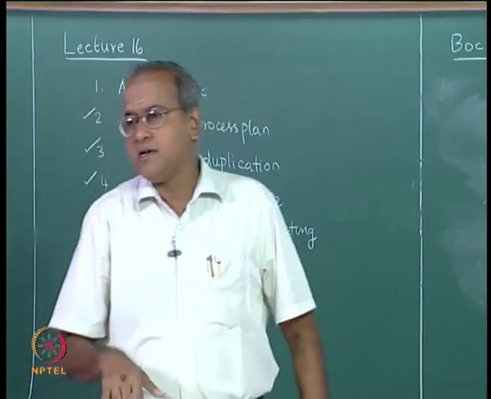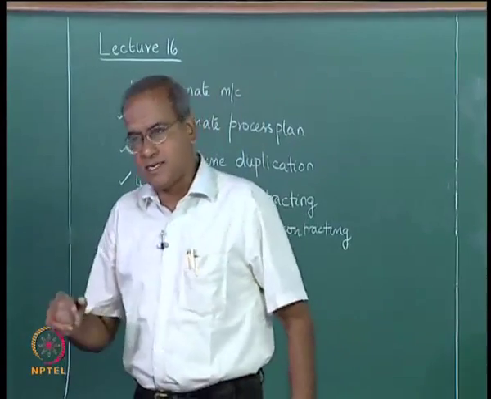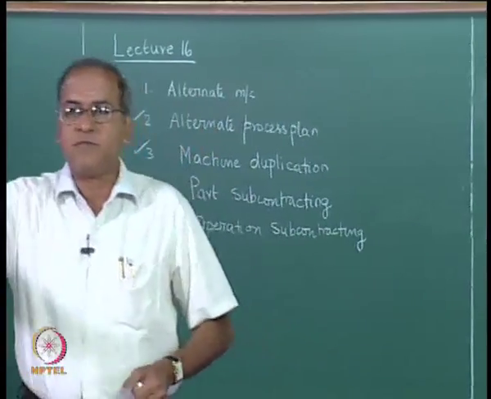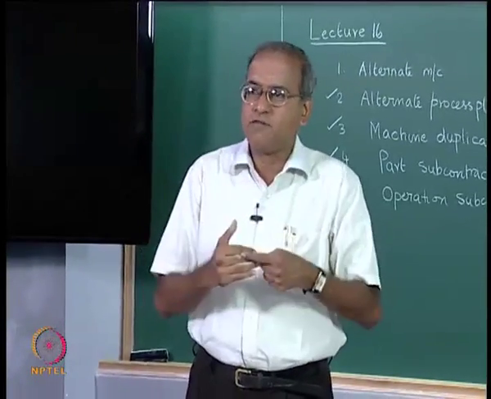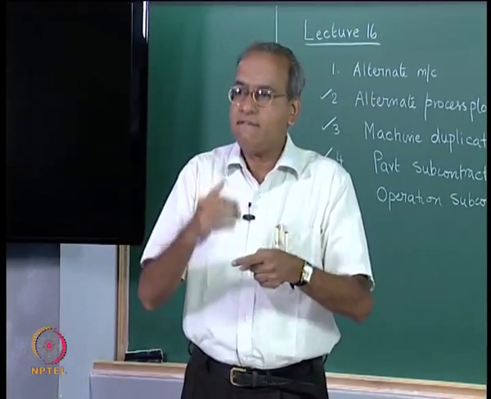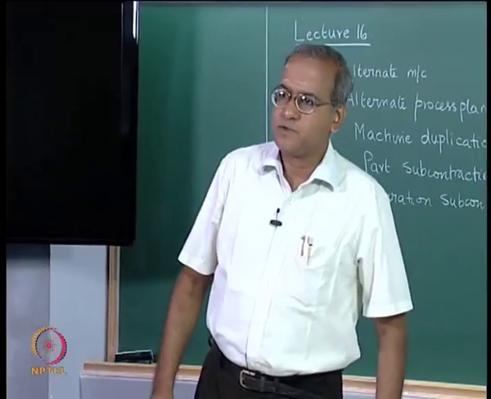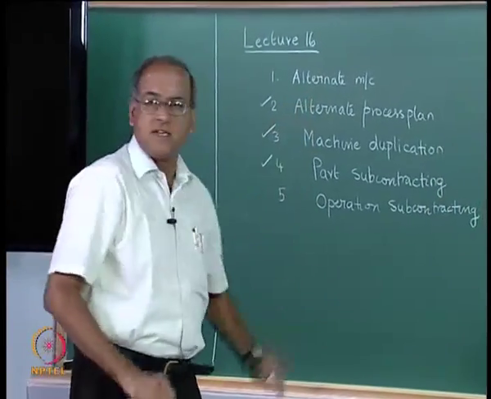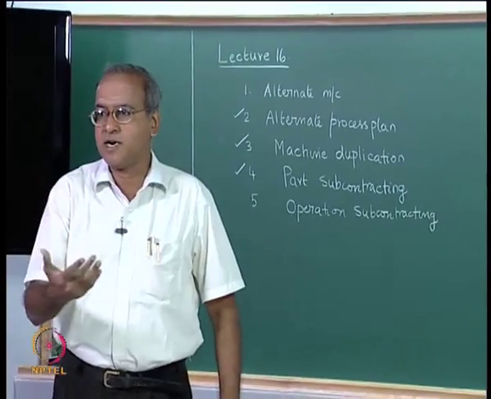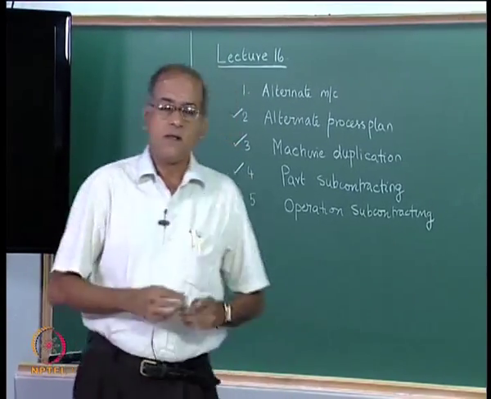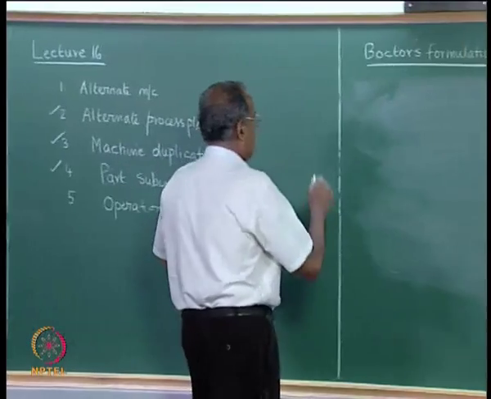The other way is, right at the optimization stage itself, can I bring in the idea of machine duplication and simply solve one problem, which at the end of which will give me a solution with machines duplicated. So, that is the purpose of revisiting these formulations by considering machine duplications and part subcontractings and so on. So, we go back to the Bakhter's formulation.